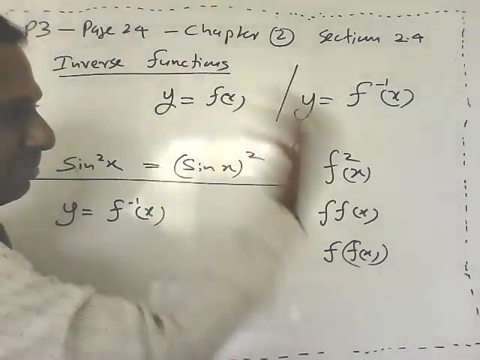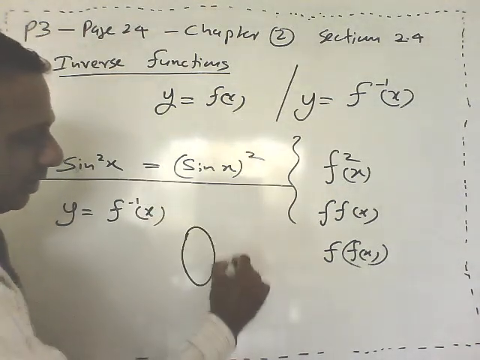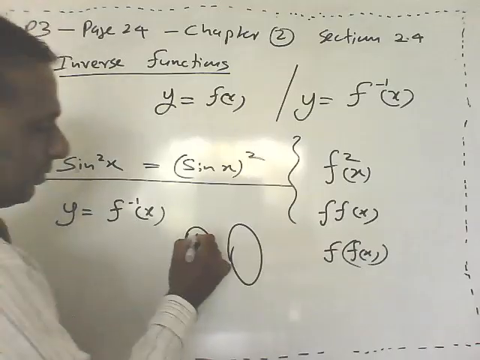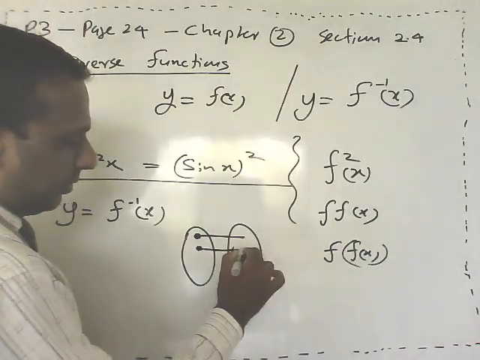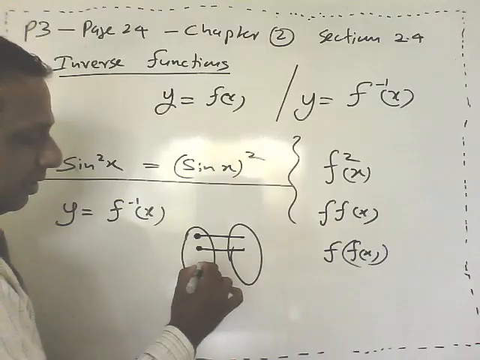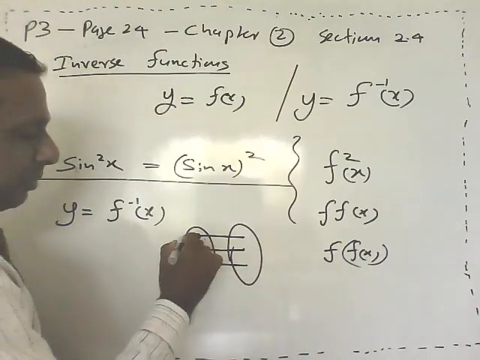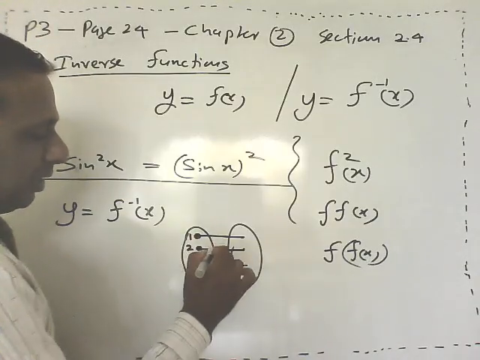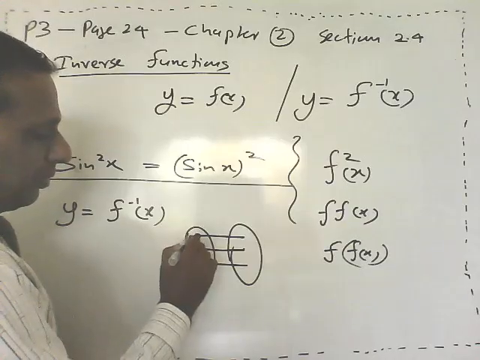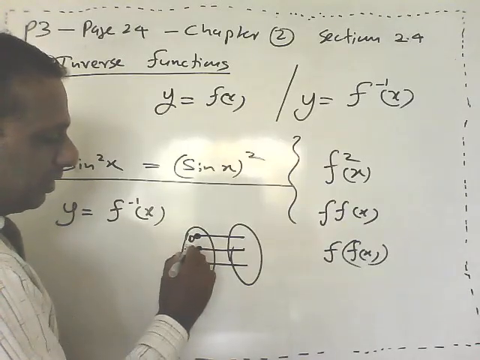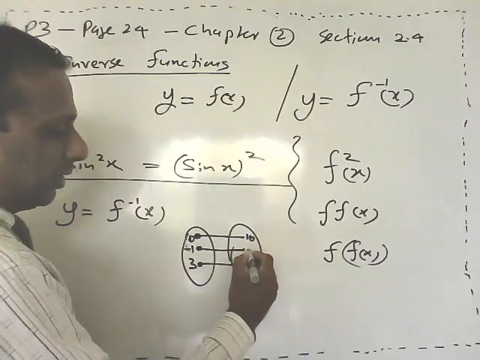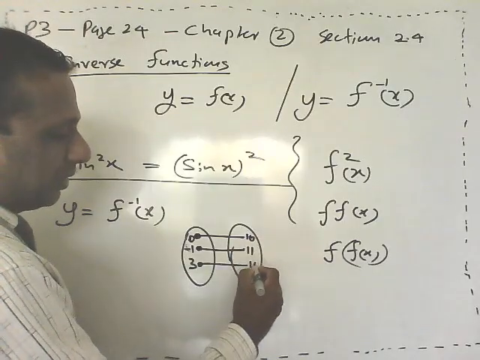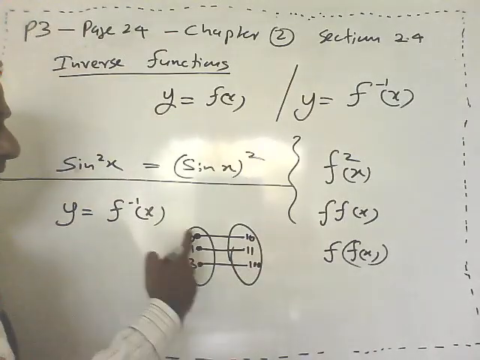Now a function is a mapping. Say it maps 1, 2, 3 into 10, 11, and 100, and we take 0, minus 1, 3.